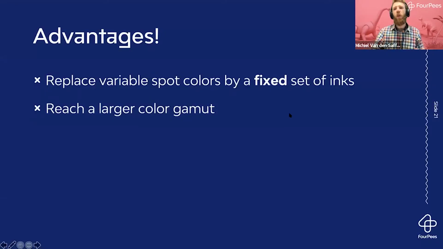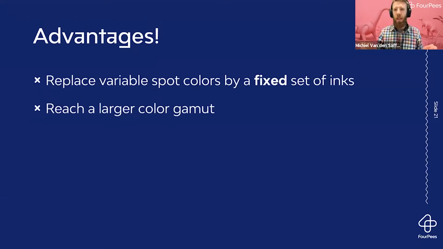There we go. So there is a bunch of advantages to using a 7-color process that I've talked about throughout this webinar so far. One advantage is you don't have to have these variable spot colors anymore. You don't need to print PMS green on your press. You don't need to print other brand colors on your press.